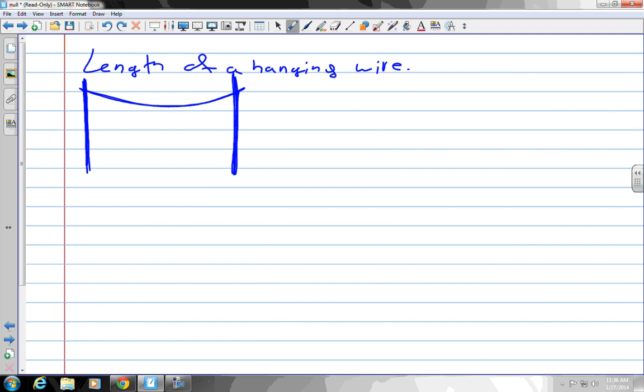And so let's say this point right here has the height A, and the way we did this in Calc 1, we just put it on the coordinate axis, and we'll call this point B, and this point negative B, and this point was A. Do you remember that? Did Steve do that?